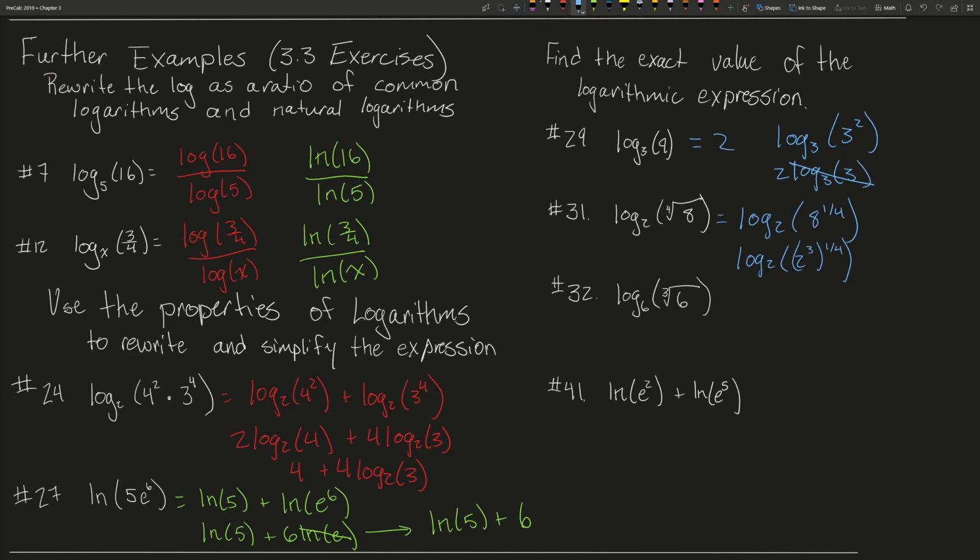So if we simplify this a little, the inside will simplify to 2 to the 3/4, which we can then use the power property to get rid of the exponent. And then the log base 2 of 2 is just 1, so we're left with 3/4.